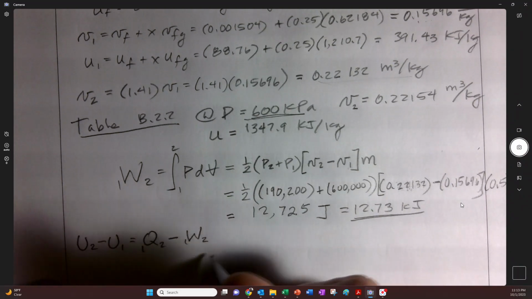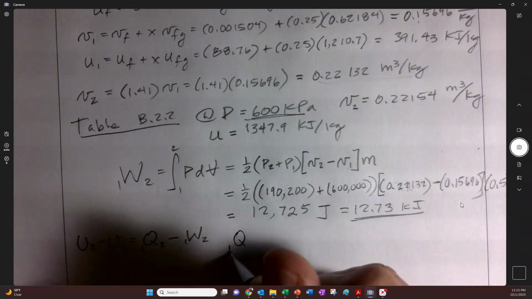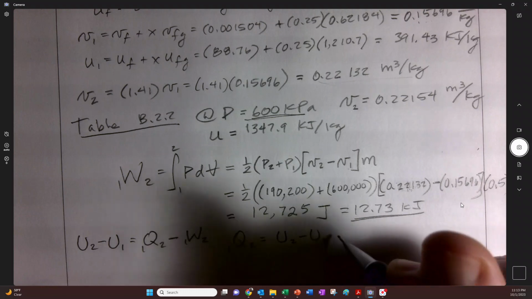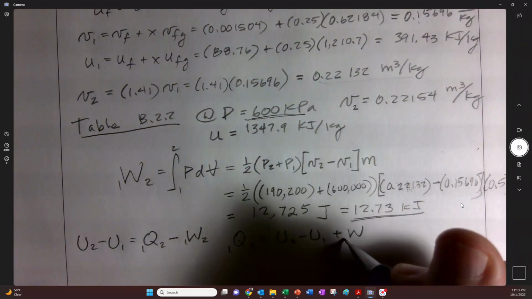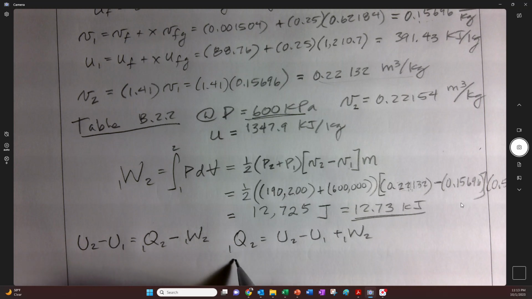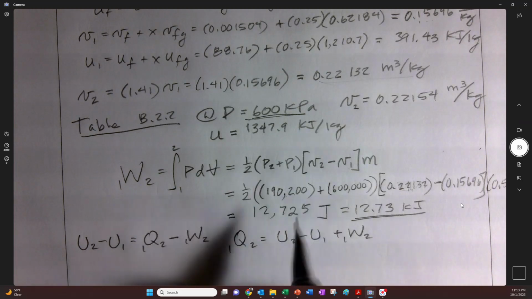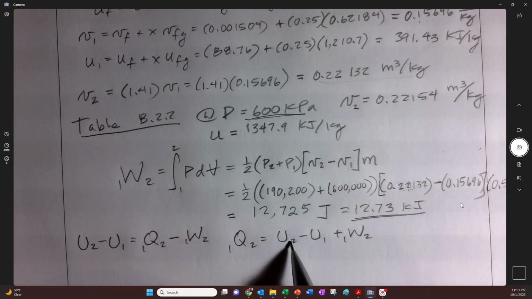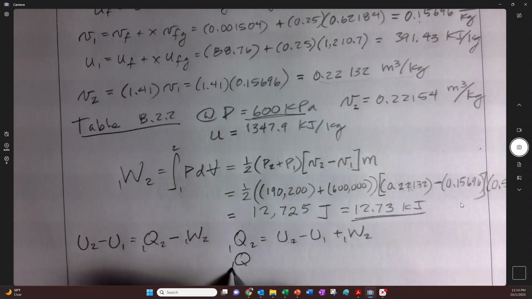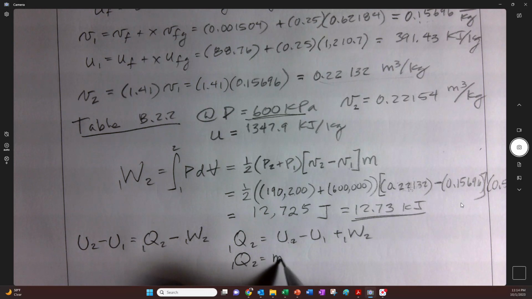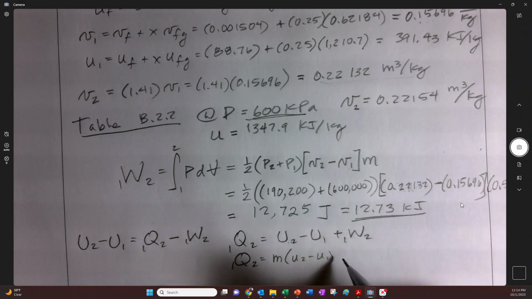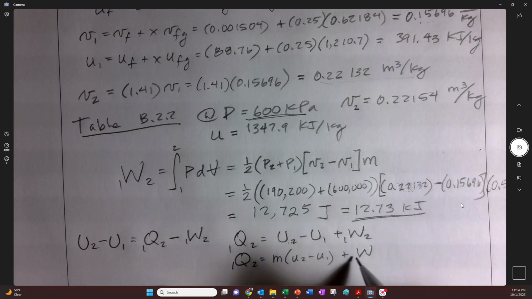And so what we would find is Q12 is equal to U2 minus U1 plus work 1 to 2. And we need the mass times this right here. So do I want to write it out again? I guess I do. Mass times U2 minus U1, and then plus the work 1 to 2.